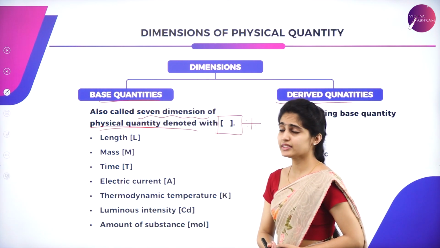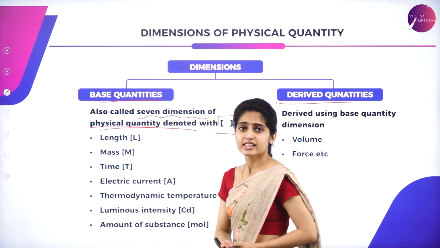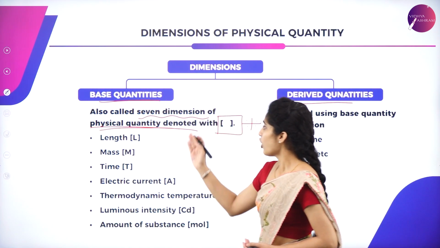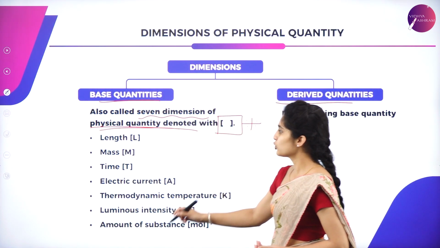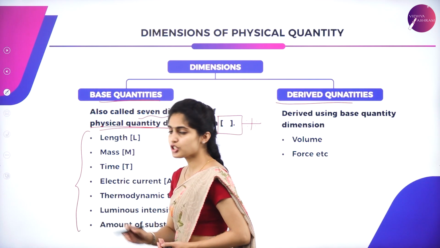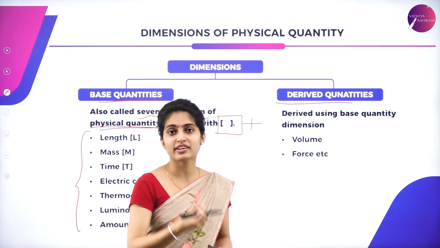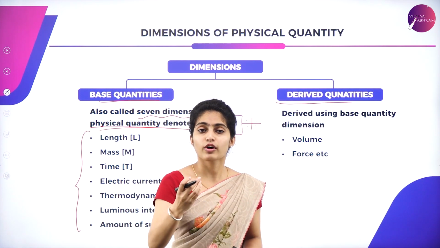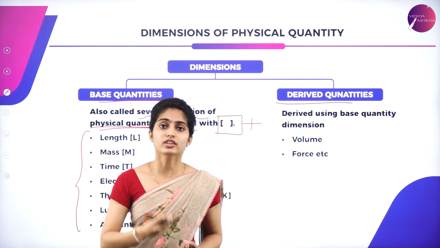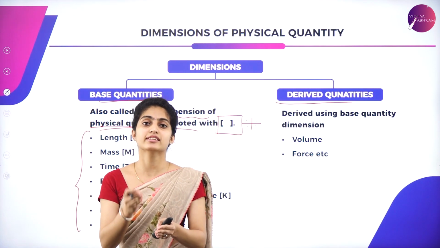These base quantities are called the 7 dimensions of physical quantity. Which are those base quantities which cannot be derived from other quantities? Itself it is a base.